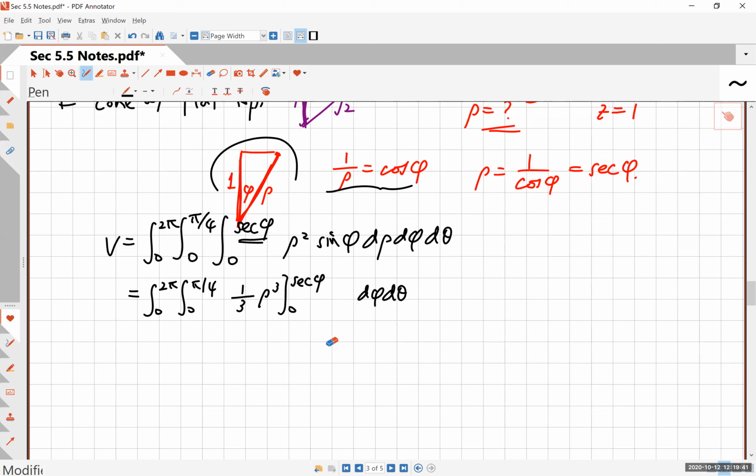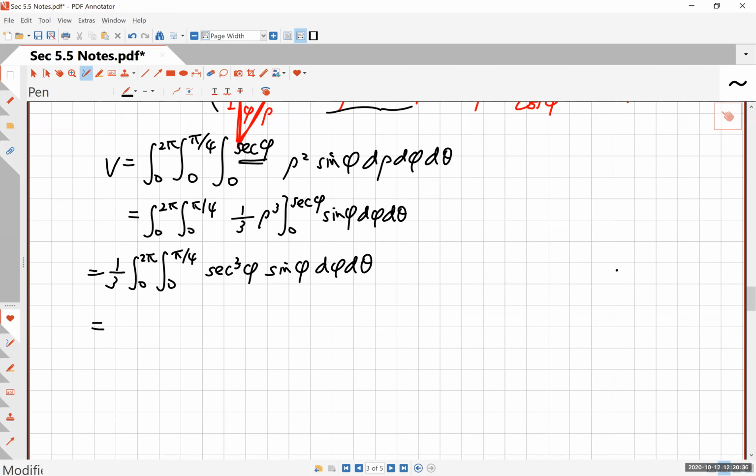All right, so you can erase that. And you have sine of phi still here. I'm going to take this 1/3 into the front, and then you have secant cubed, and then you still have sine of phi as a part of your integrand.